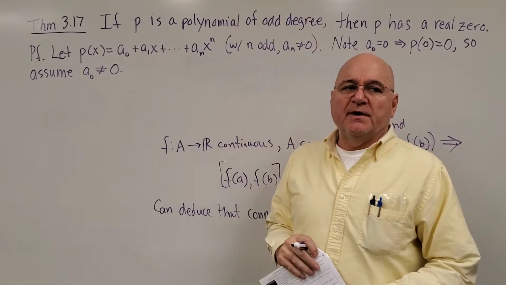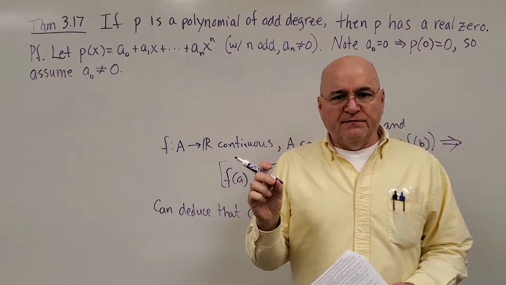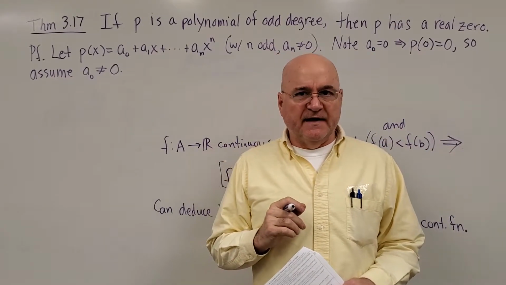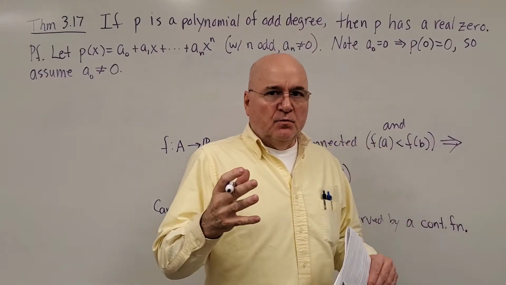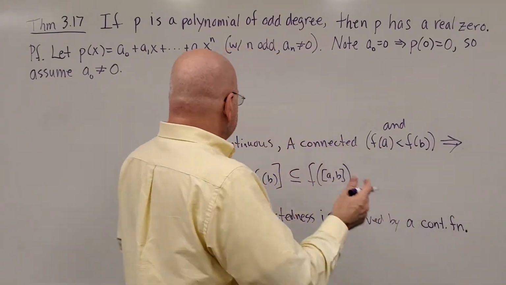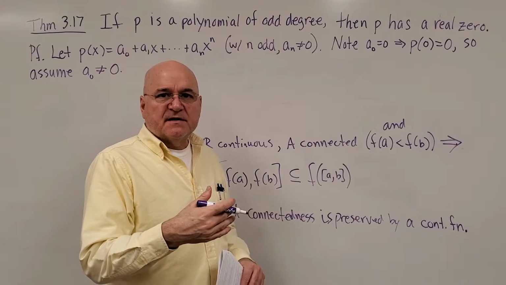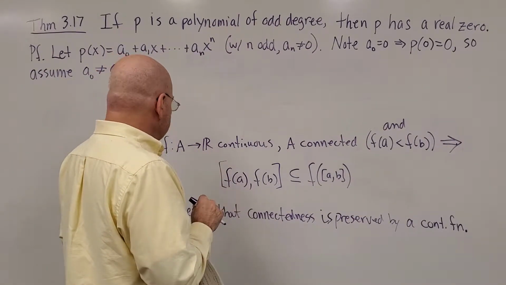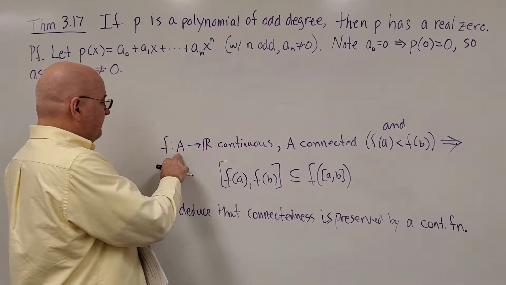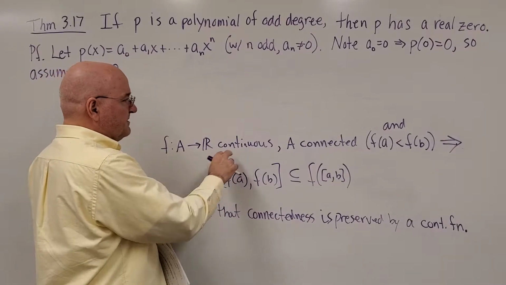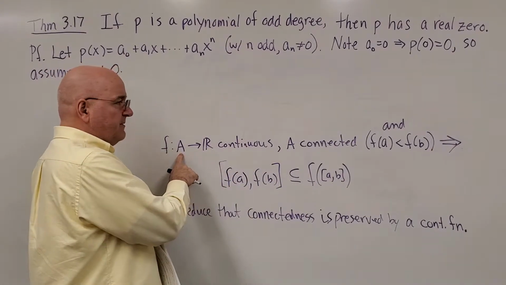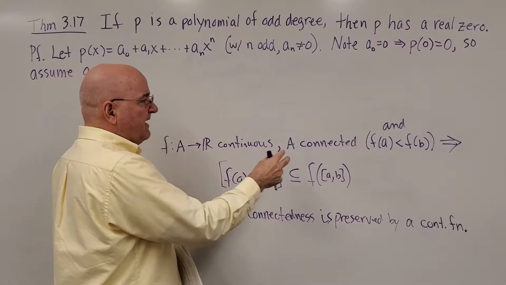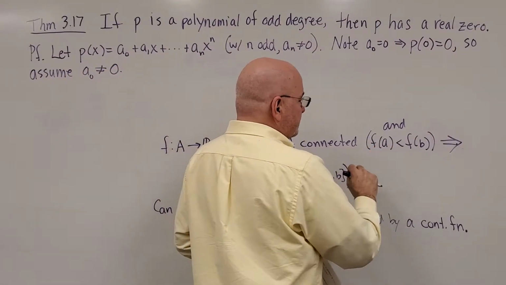Well, before we go on to the next theorem, let's make one final comment about the intermediate value theorem and what it implies. Basically, if you have the same hypothesis as the intermediate value theorem, which was 3.16, you take f, a function from A into R, let it be continuous, and A, the domain, being connected, and I'm going to assume that f of a is less than f of b.